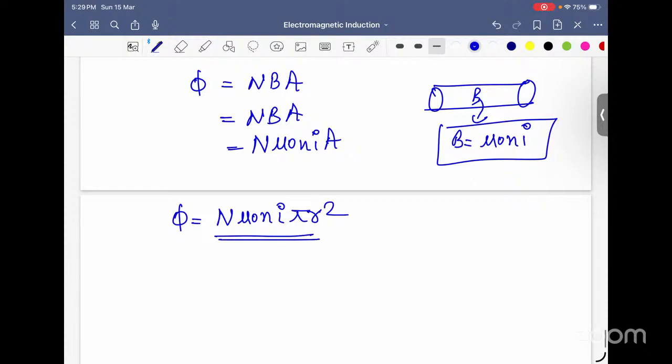We need to find the flux change, del phi. We put delta here because there is a change, and the same delta on the right-hand side.